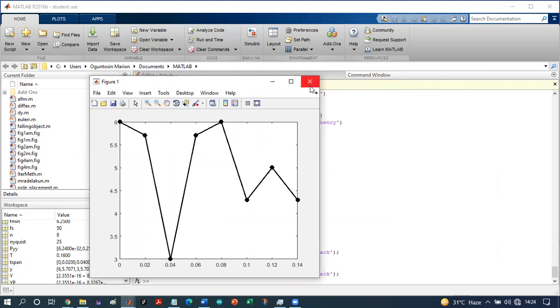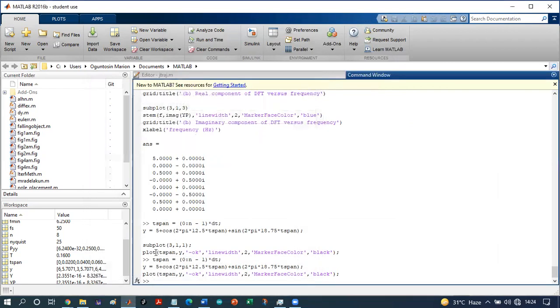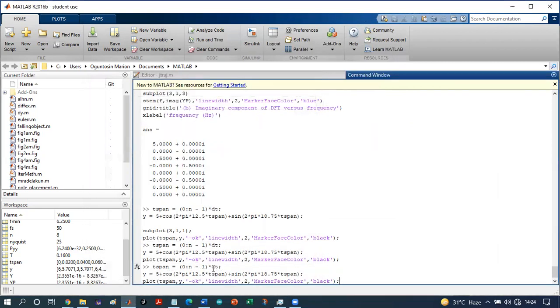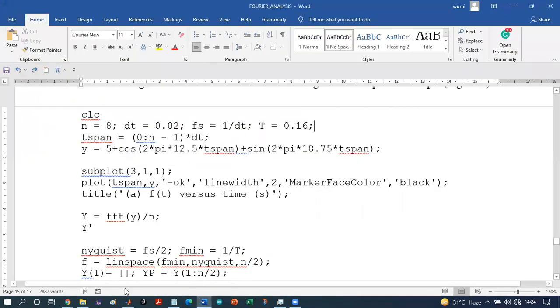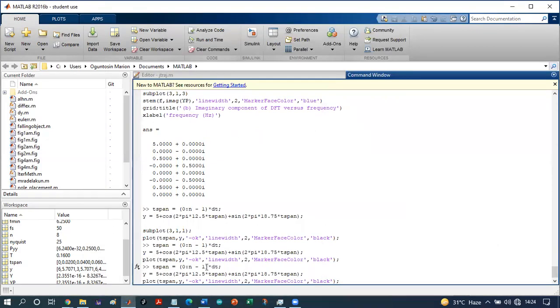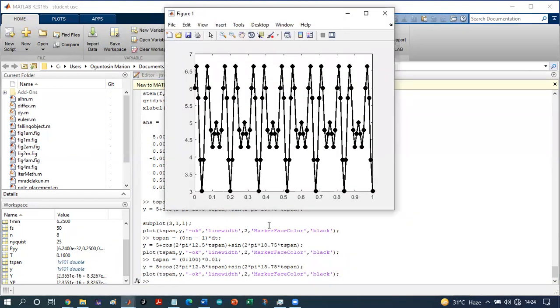If you actually want to see the full signal, you can change this one. We are plotting from 0 to 7. If we plot from 0 to 100 in time steps of 0.01, it shows a clearer form of the signal.